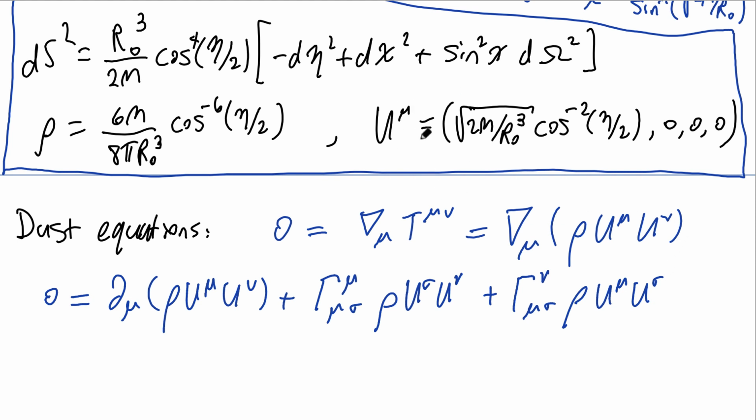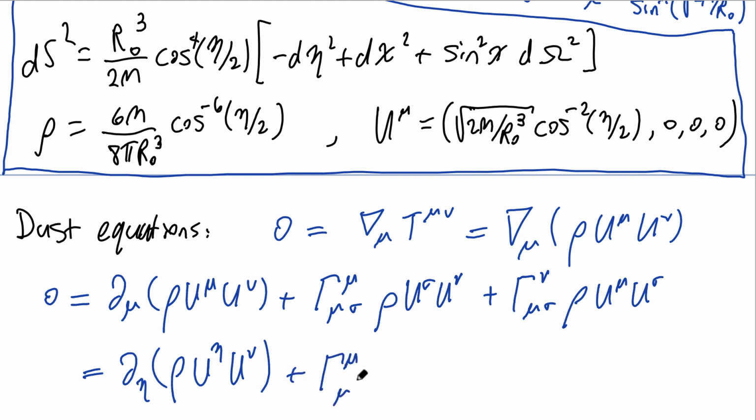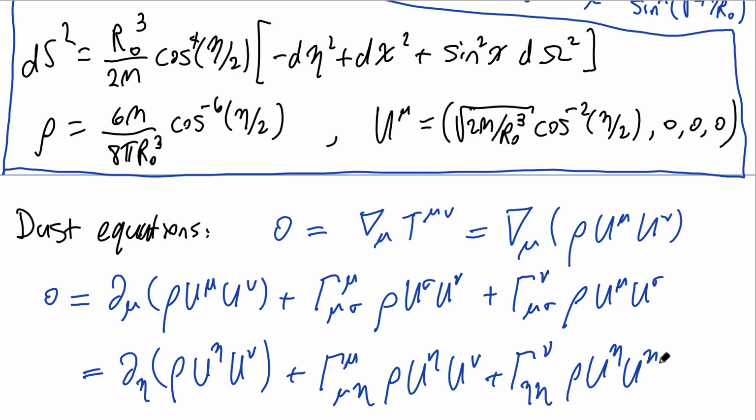And now if we remember that only the eta component of u is non-zero, this becomes partial with respect to eta of rho u eta u nu. So the free index is nu here, plus gamma mu mu eta rho u eta u nu plus gamma nu eta eta rho u eta u eta.